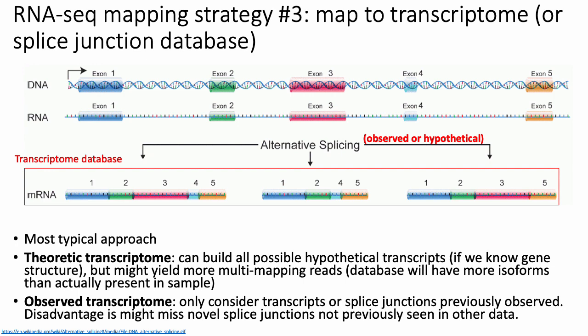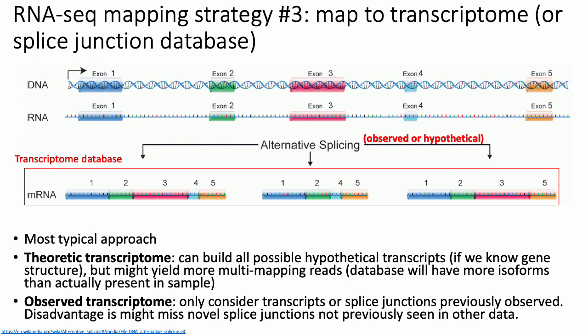The advantage of the observed transcriptomes is that the transcriptome databases tend to be a lot smaller. And this is an advantage because if you're building a database of theoretic transcriptomes, for example, there's going to be a lot of sharing of splice junctions or exons between different isoforms.